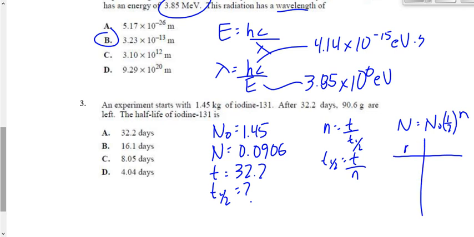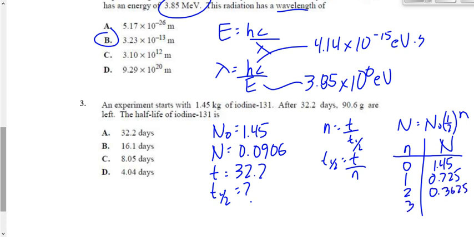I'm going to go the divide by 2 method, okay? We're going to start off with a table, little n and big N. After 0 half-lives, we've got 1.45 kilograms. After 1 half-life, what is 1.45 divided by 2? 0.725. Then we're going to divide that by 2. So after 2 half-lives, we get 0.3625.